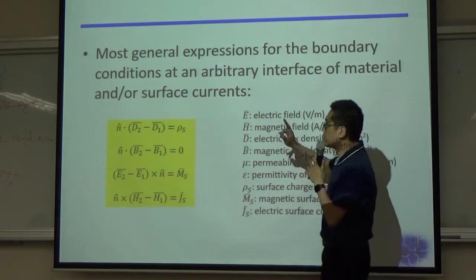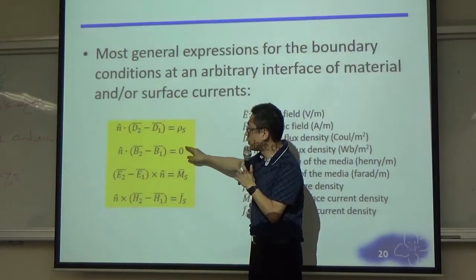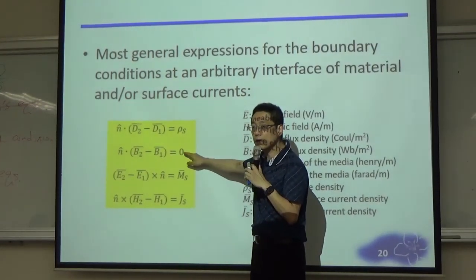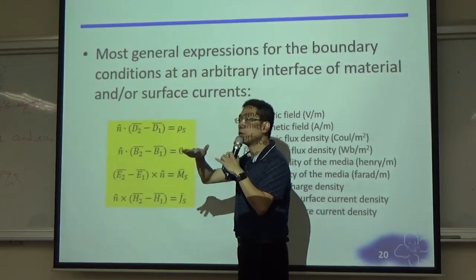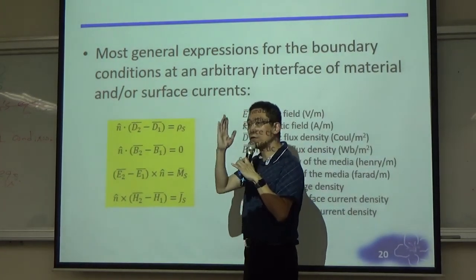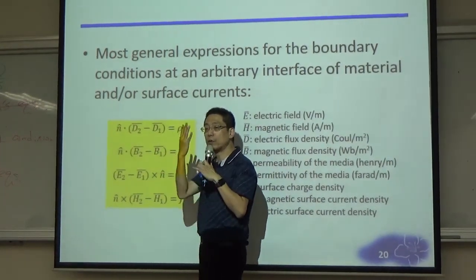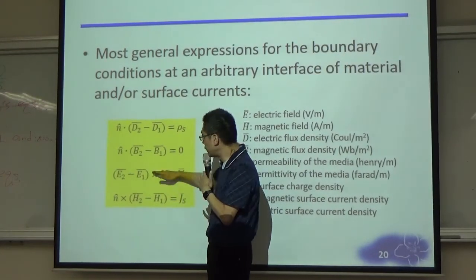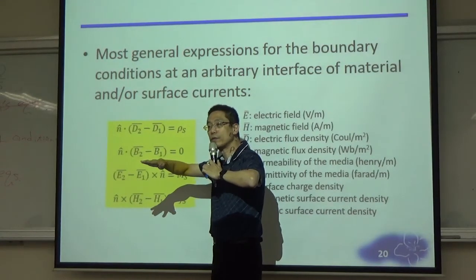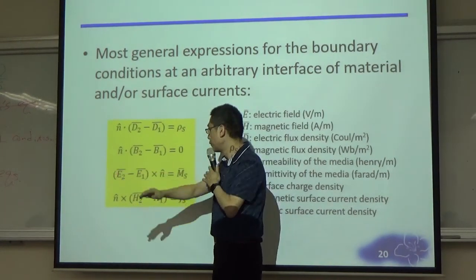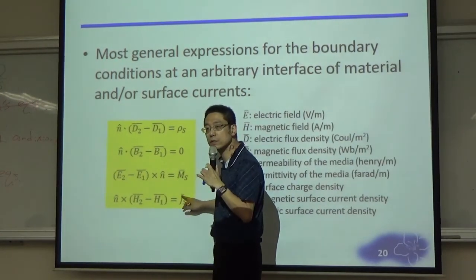So for these first 2 equations, you obtain from Gauss's law. You know the relationship of the normal direction of the E field and H field. And for these 2 equations, you will know the tangent relationship on the boundary for the E field and H field, related also to the sources.